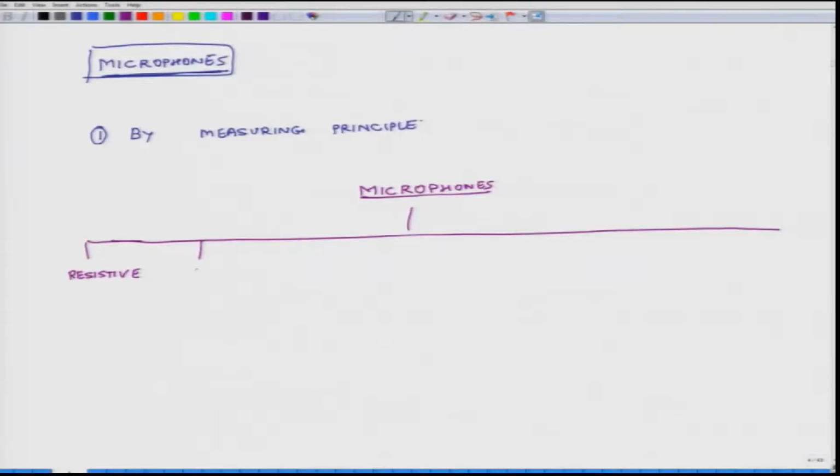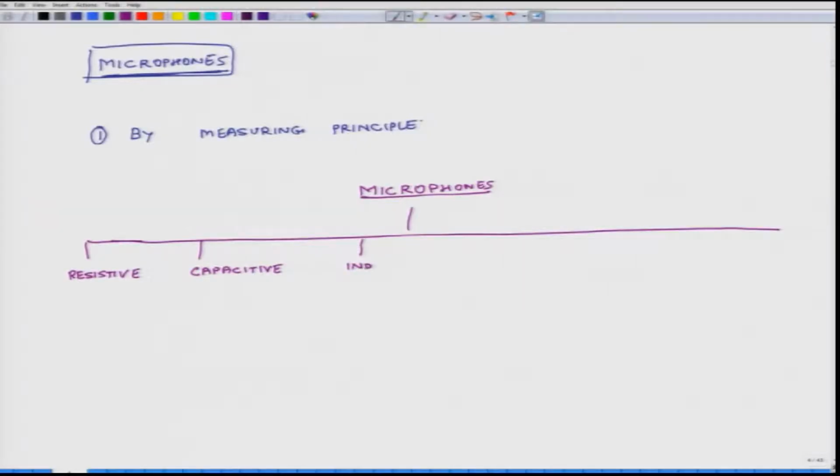So, these are resistive microphones. Then we have different types of capacitive microphones. So, here what we try to do is measure changes in capacitance, and we will describe each of these microphones and their different subcategories. Then we have inductive microphones. So, here we are trying to measure changes in inductance through measurement of some other parameters. Okay. So, that is inductive microphones.